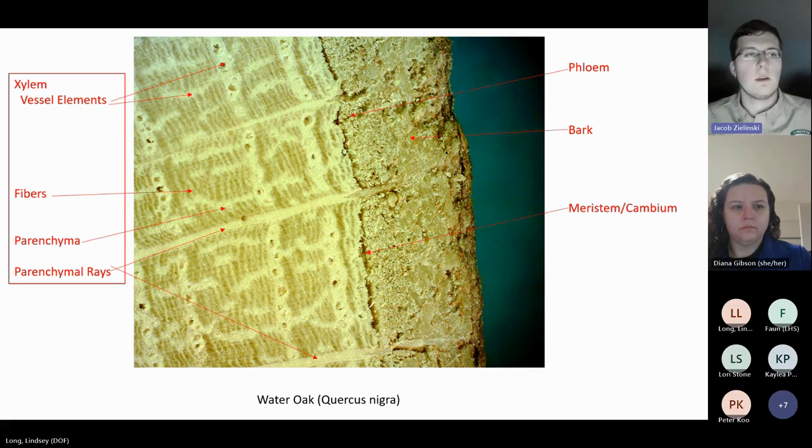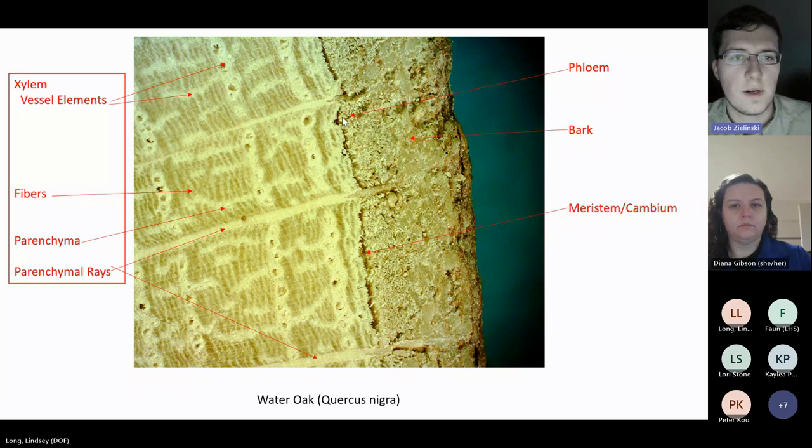So the xylem is the wood of the tree, the inner part here. Lindsey, are you able to put your mouse right over the phloem arrow, maybe a little to the left, right at that divide?